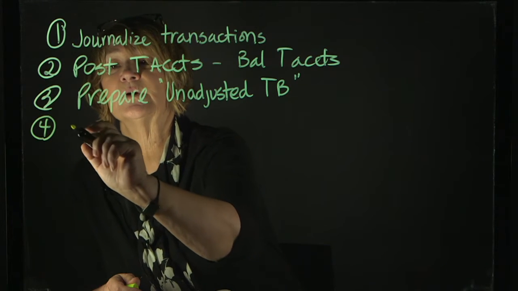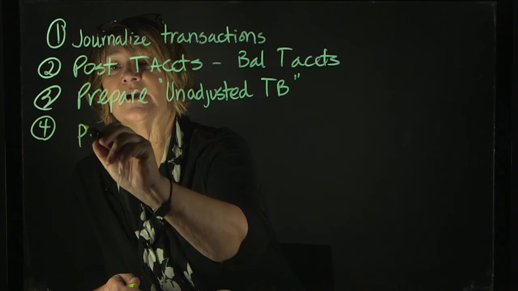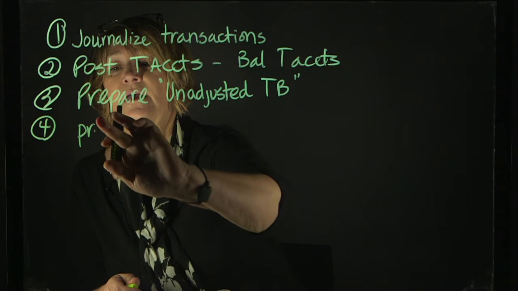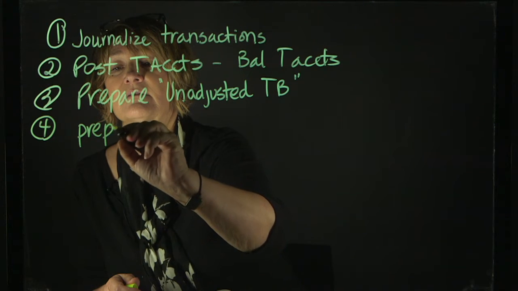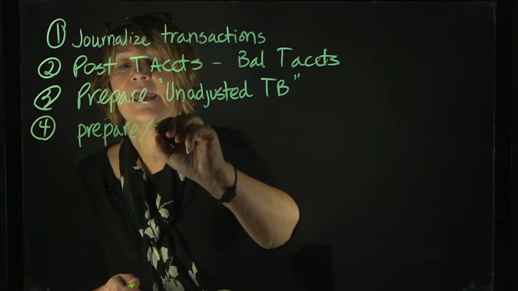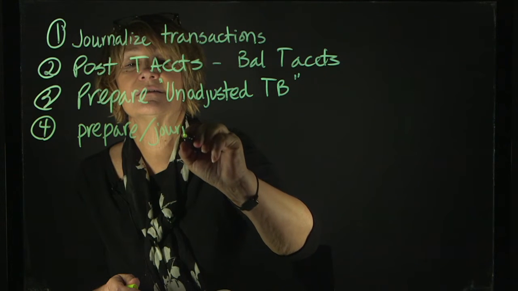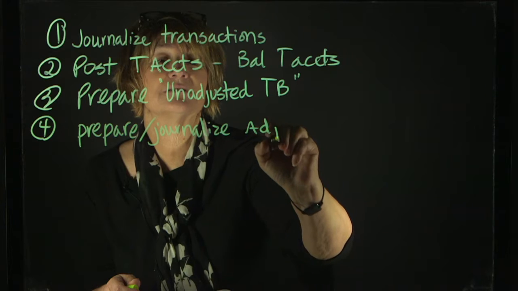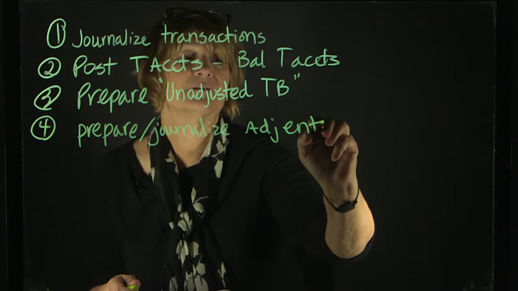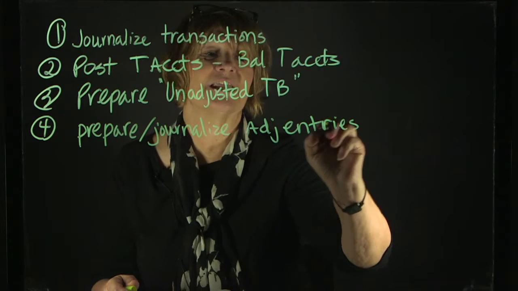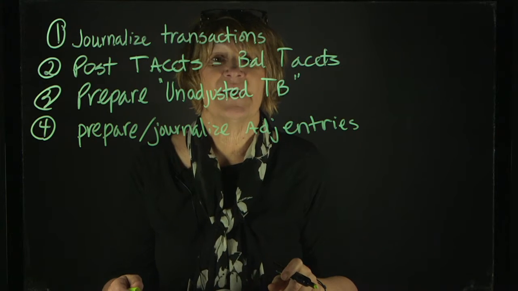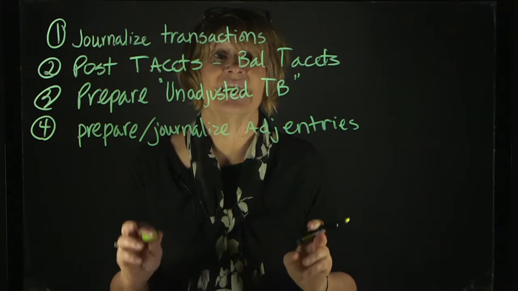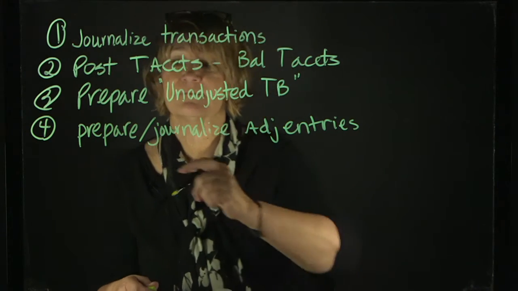So then number 4 is you prepare and journalize the adjusting entries. And those are to adjust any of the balances that aren't currently correct in the unadjusted trial balance.